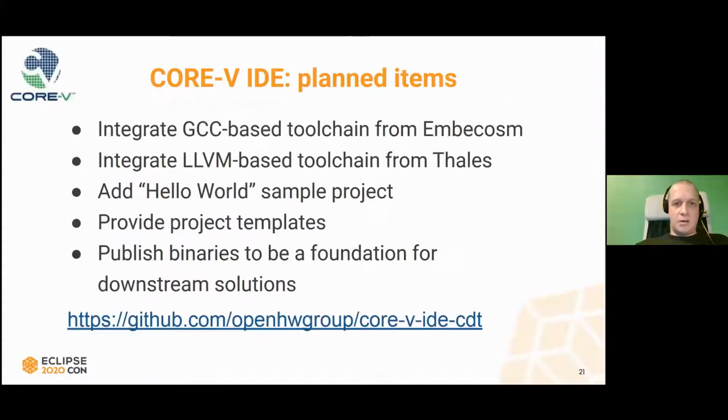And our current plan is to integrate the toolchains, the GCC-based toolchains provided by xPack, and I know that Tails is working on an LLVM-based toolchain, and start filling in sample projects like Hello World, working on templates and so on. So you're all welcome to join this effort. It's open source.